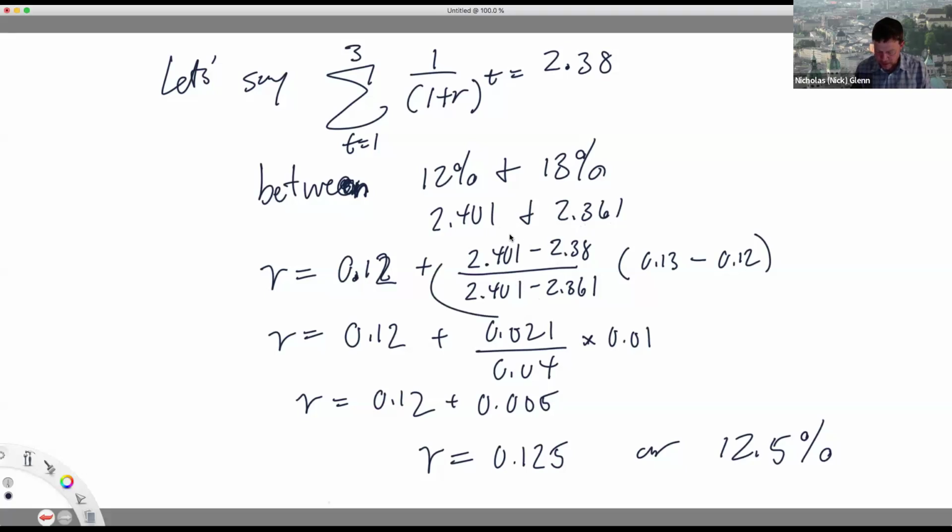That's what this little formula does. And so how much you want to add to it? Well, that's the difference between 13% and 12%. So you're going to end up adding half of 0.001 or so, which adds about 0.5% to the 12%.